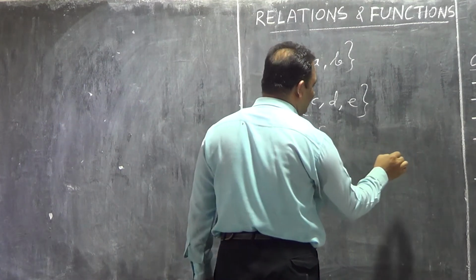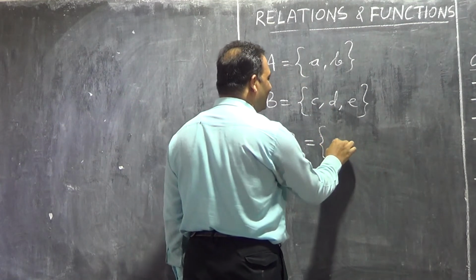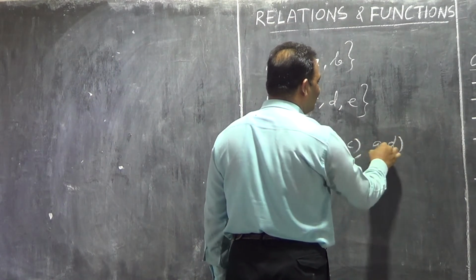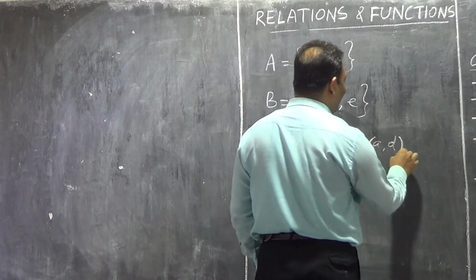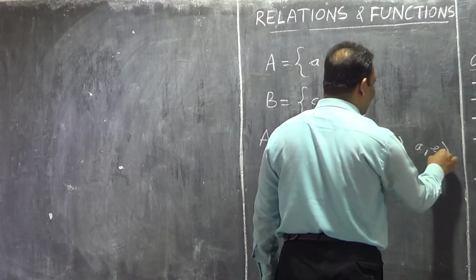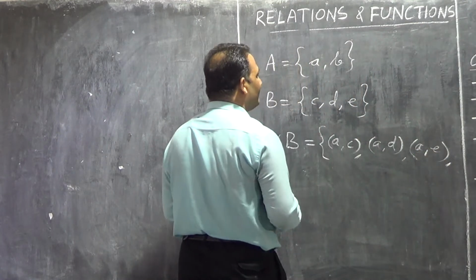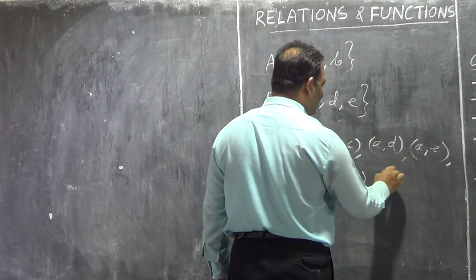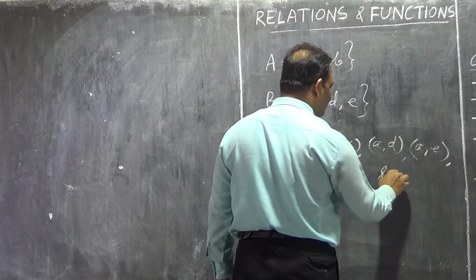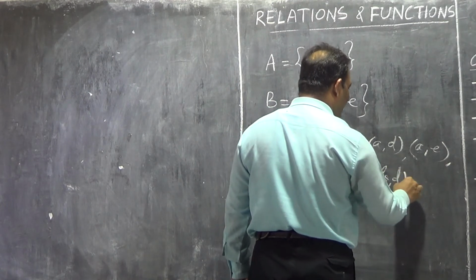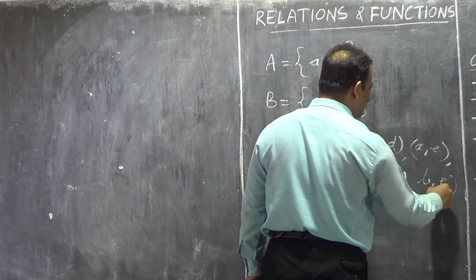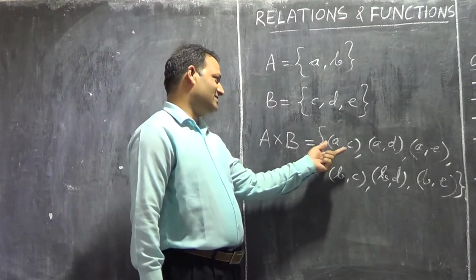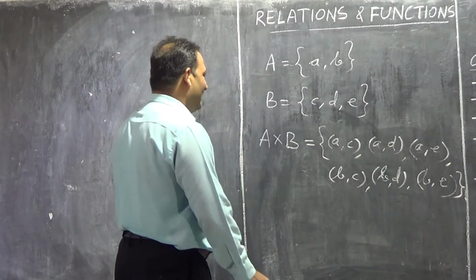In this Cartesian product, we get A, C, A, B, A, E, B, C, B, D, and B, E. So we got here 6 ordered pairs.